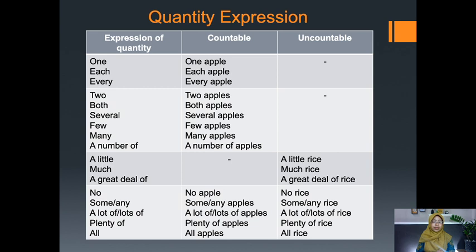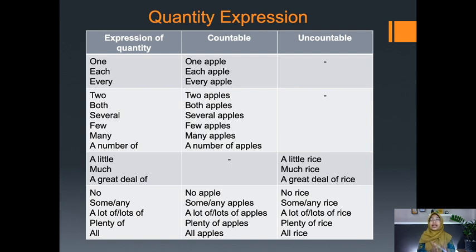Okay. And the last, there are also some quantity expressions that can be used with both countable nouns and uncountable nouns. Those expressions are no, some or any, a lot of or lots of, plenty of, and all.